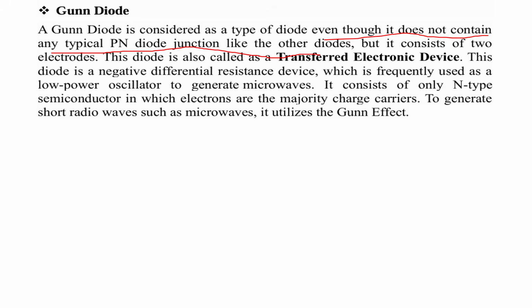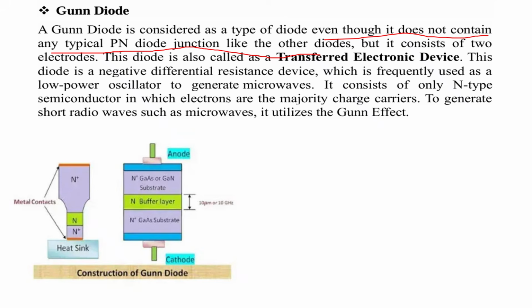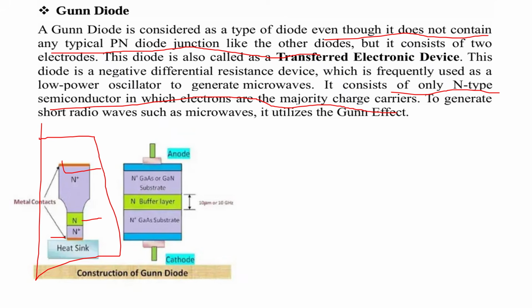If you see its structure, N plus layer, N and N plus, it contains only N type semiconductor material, so the majority carriers are electrons. It generates short radio waves such as microwaves. It utilizes the Gunn effect.